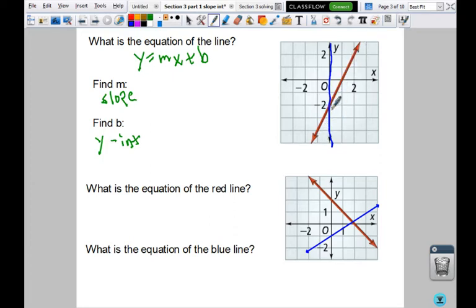My red line crosses my y-axis right here, right? My y-intercept is whatever this y number is. So this is -2, right? My y-intercept, my b, is -2. That's where it crosses the y-axis. -2.